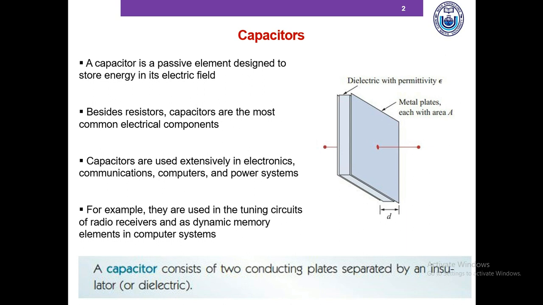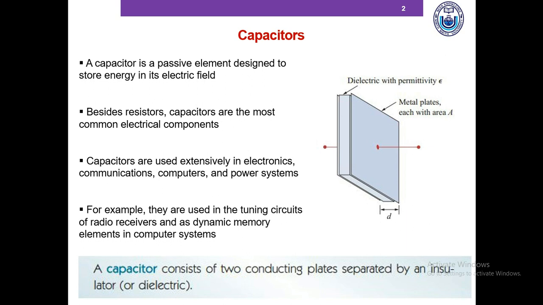A capacitor is a passive element designed to store energy in its electric field. Besides resistors, capacitors are the most commonly used electrical component that are used extensively in communications, computers, electronics, and power systems.